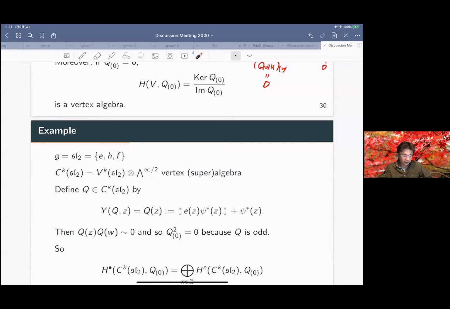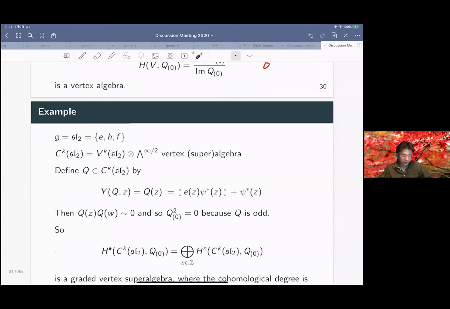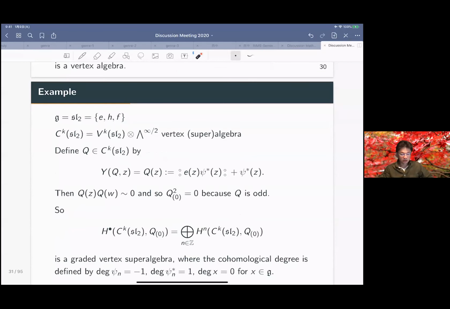And I define Q, which is an odd element, by this. By the state-field correspondence, this defines the element Q. And you find that the operator product expansion is just 0. This means the square of Q_0 is 0 because Q is odd. So you can take the corresponding cohomology.